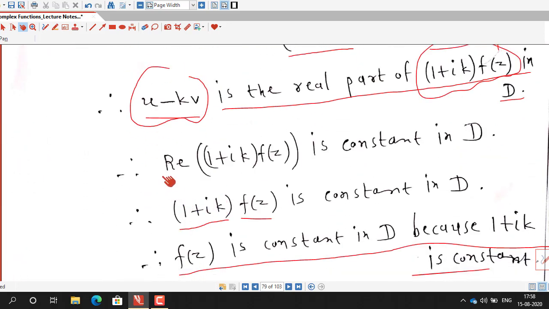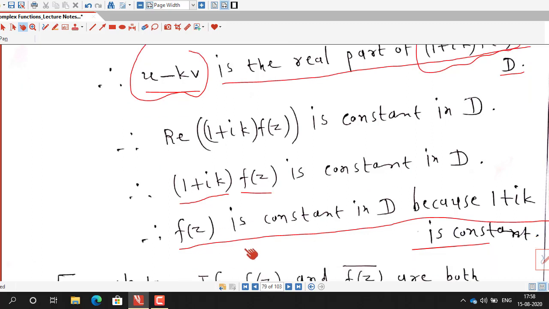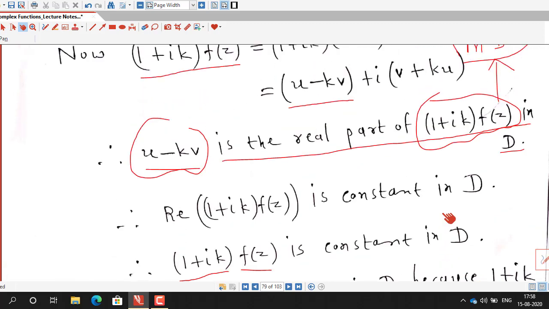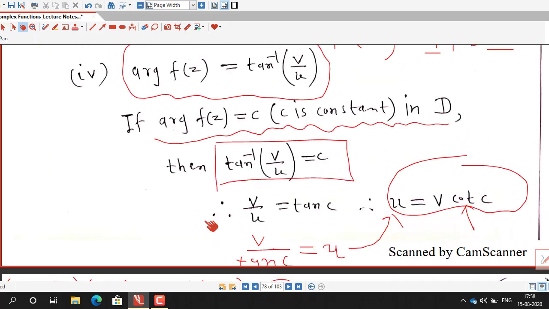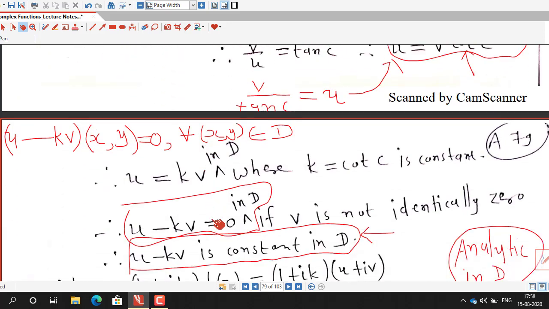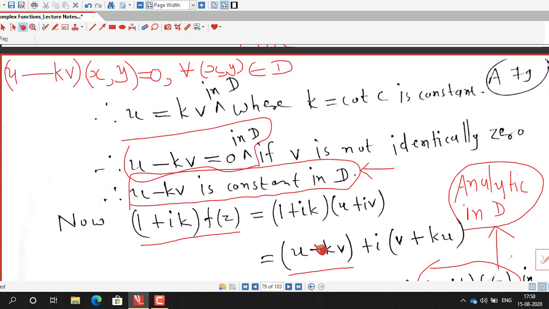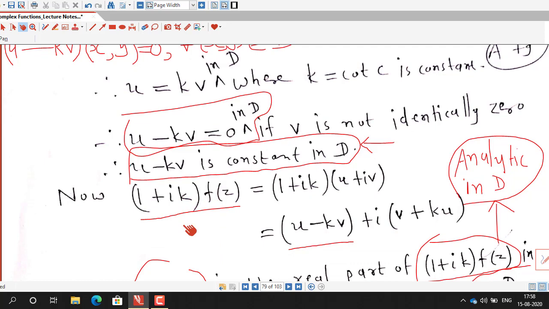So we are able to show that the real part of 1 plus ik into f of z is constant in a domain D. Therefore, using that second condition, we can say that 1 plus ik into f of z is constant in a domain D. Therefore, f of z is constant in a domain D because 1 plus ik is constant. So this is a little bit of a constructive example, but if you can understand, then it is easy. You just have to remember that you have to show that u minus kv is the real part of this function 1 plus ik into f of z.